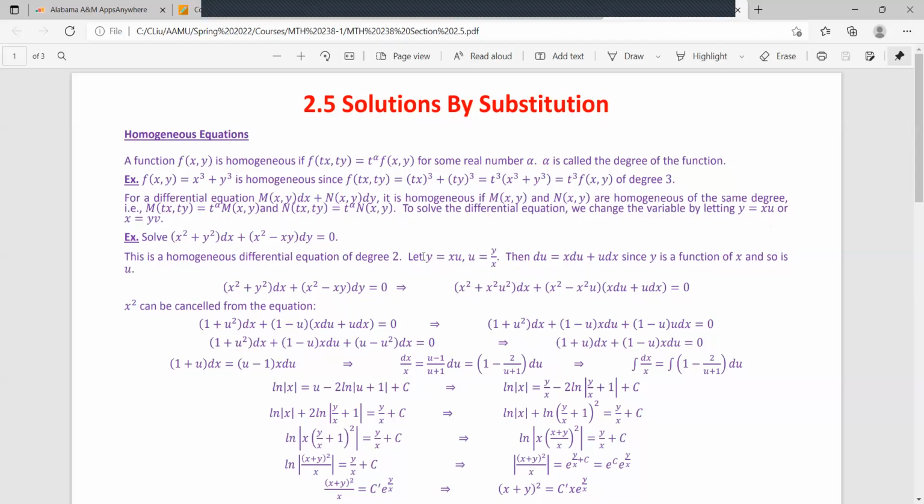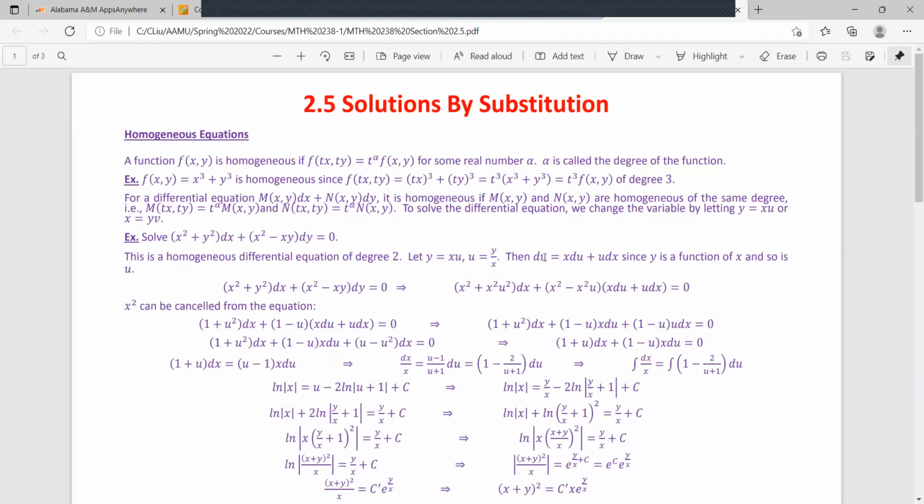So let's just use the first substitution, y equal to xu. All right. So that means u equal to y over x if you divide by x on both sides. Now, what you do is, you write dy, okay.